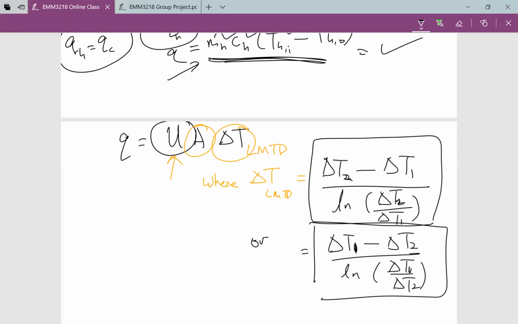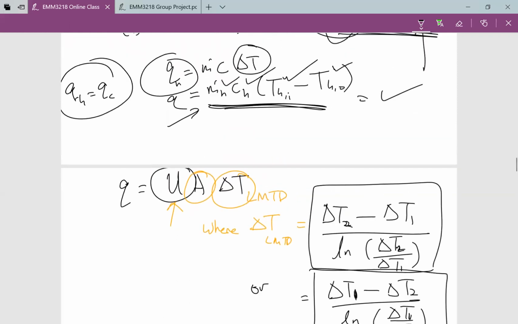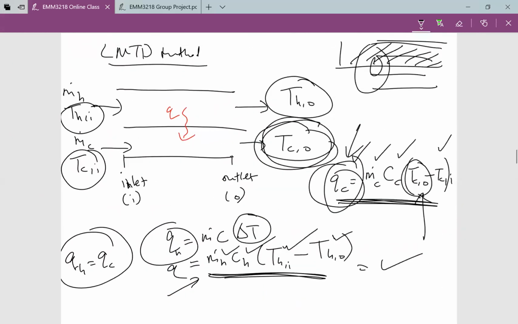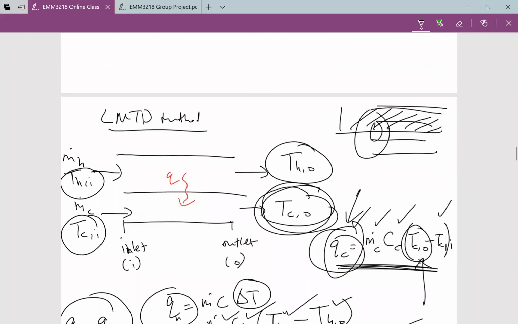Okay, it actually depends on your flow arrangement of the hot and cold fluid. In this first case, you have what we call parallel flow. The hot and cold fluid are flowing in parallel direction, the same direction.